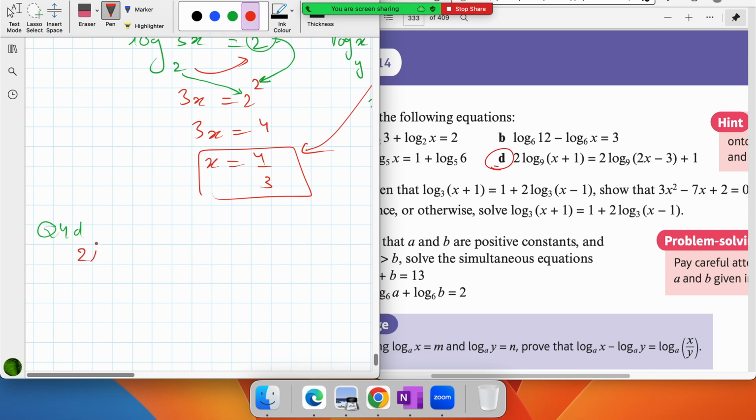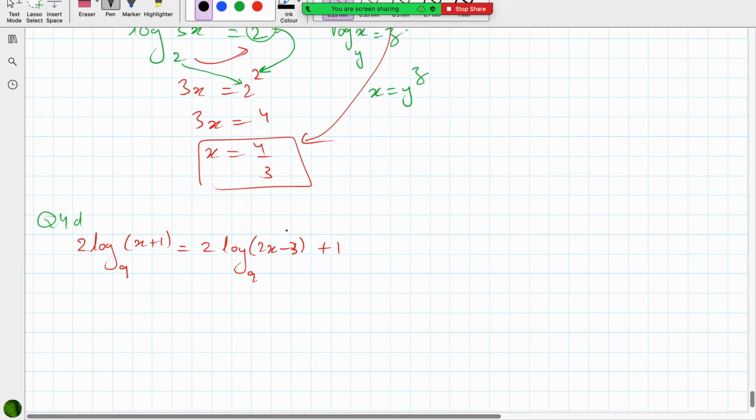4D is 2 log of x plus 1 to base 9 is equal to 2 log of 2x minus 3 to base 9 plus 1. Now there are two ways we can do it. One is we bring this to the left hand side because both are log and log, and the other thing is I convert this one into logarithmic form.